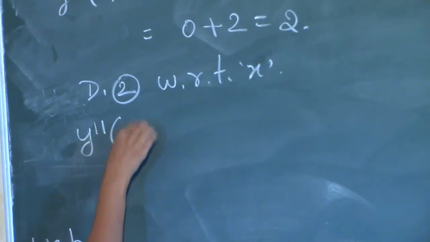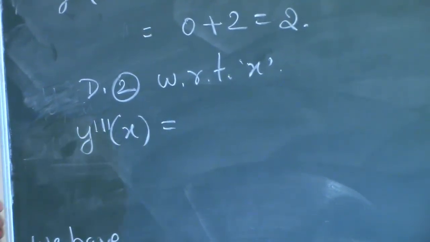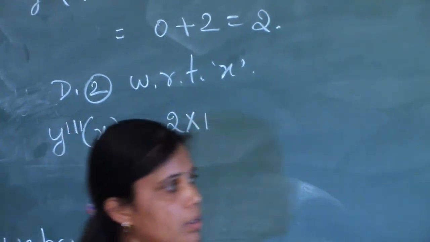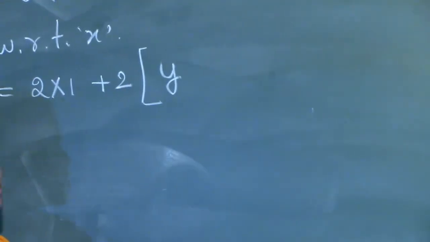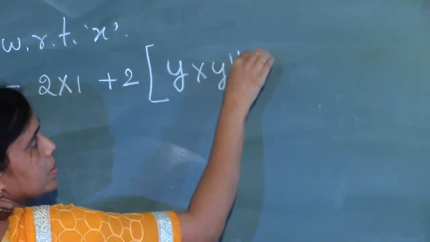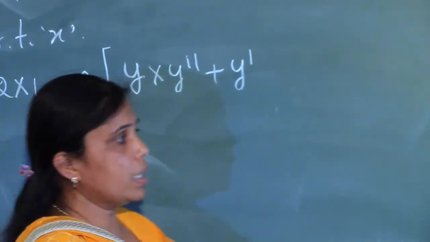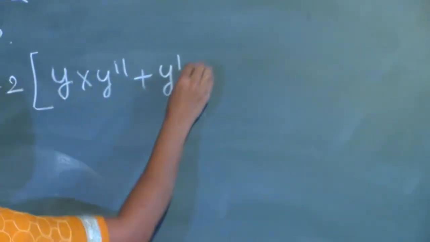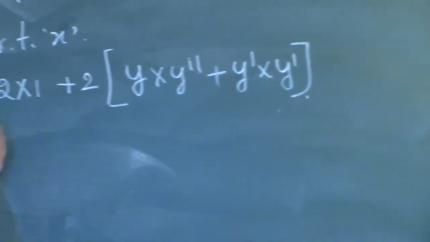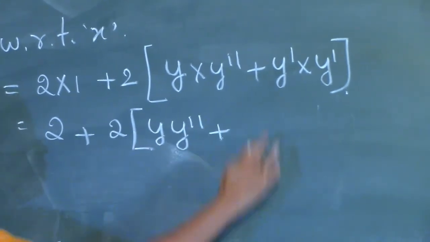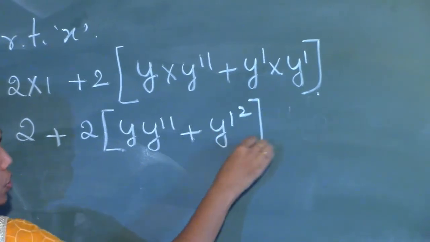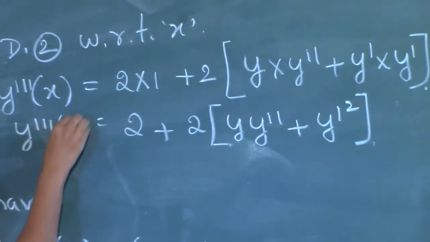Y double dash of x differentiation is y triple dash of x, that is equal to 2 into x differentiation is 1 plus 2 into, here we have two functions, product of two functions, so we have to apply product rule, plus 2 into, keep first function as it is, differentiation of y dash is y double dash plus y dash will be as it is, derivative of y is y dash into y dash. 2 plus 2 into y double dash plus y dash into y dash is y dash square.